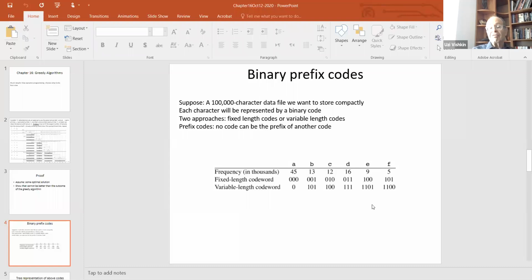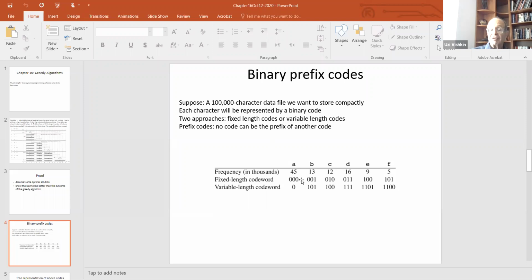So the overall reasoning here is that the big gain will be here, because we switched from 3 to 1, and the penalty will be here. And you can immediately see that that's a gain. How can you see that this is a gain in overall length? Because for fixed length, what was the total number of bits?